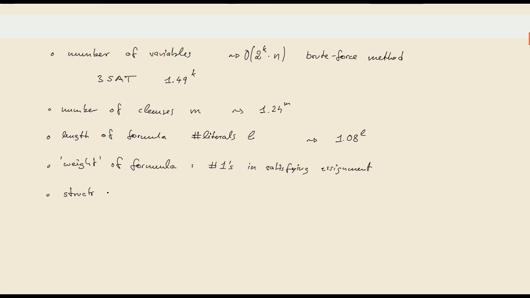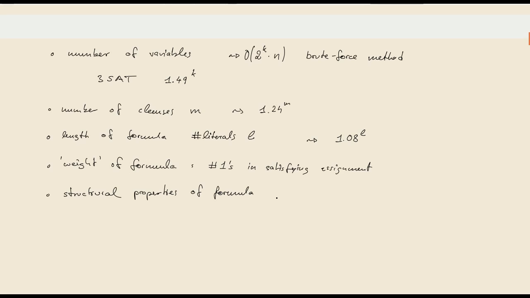In a more generic sense, you could use any kind of structural properties of the formula. For example, each formula represents a graph in the sense that there are nodes for the literals, and you can add edges for the interplay between the literals if they're in the same clause, for example.